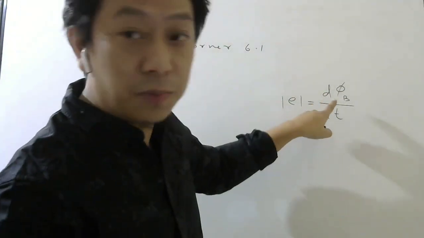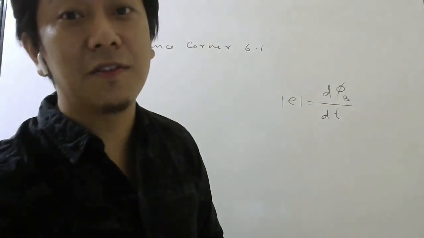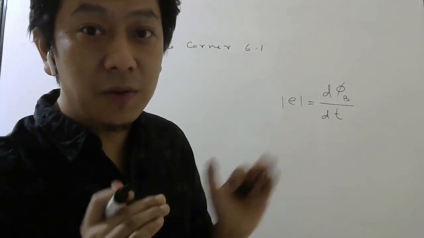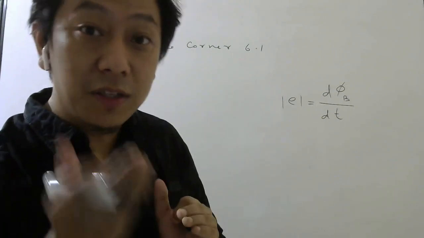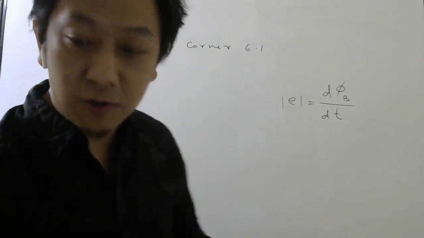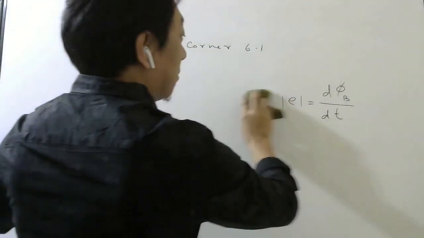So whatever is producing the change in flux, EMF will oppose that change in flux. If flux is increasing, EMF will try to oppose that. If flux is decreasing, that also EMF will try to oppose. So try to remember that concept. So based on that, we have to do the problems.